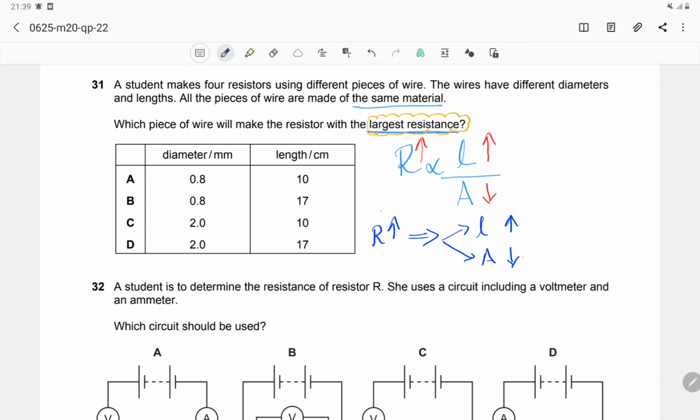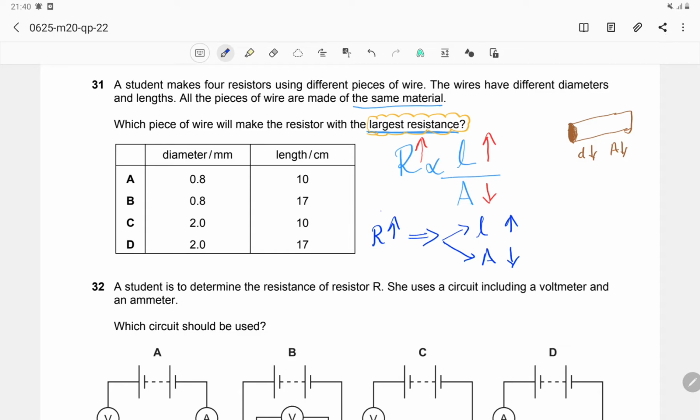If the area of the cross section of the wire is smaller, what about the diameter? Let's look. If you have a wire and its diameter is smaller, its area of cross section will also be smaller. That means area of cross section and diameter are directly proportional.